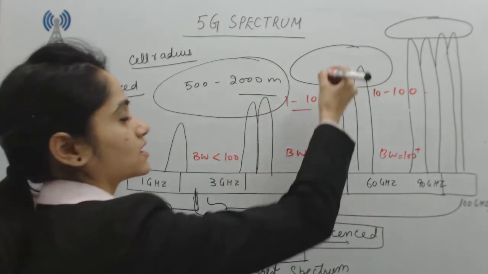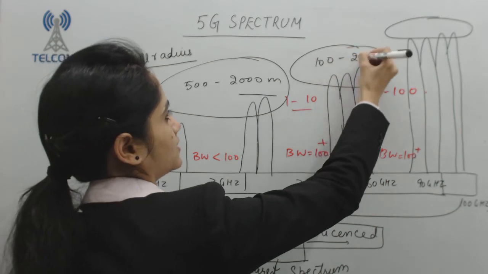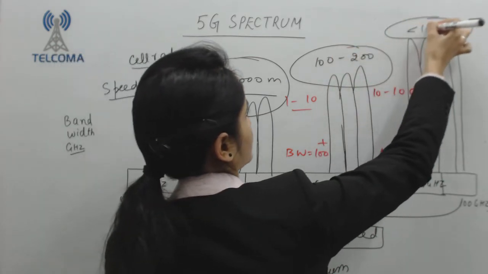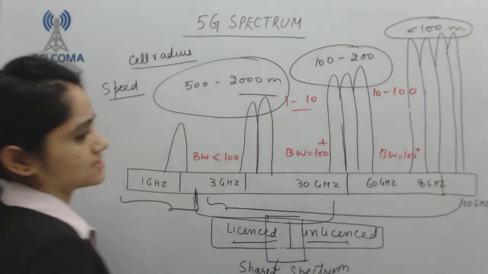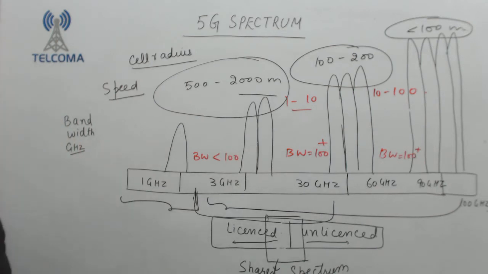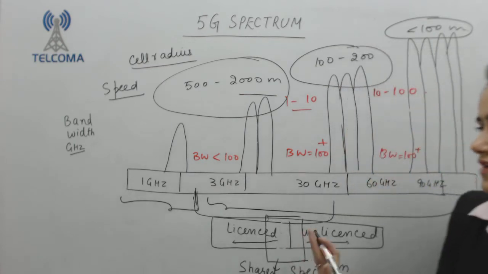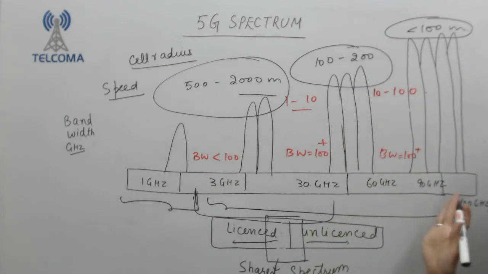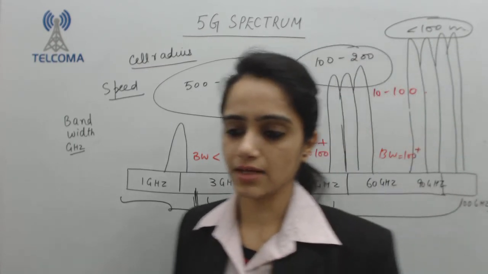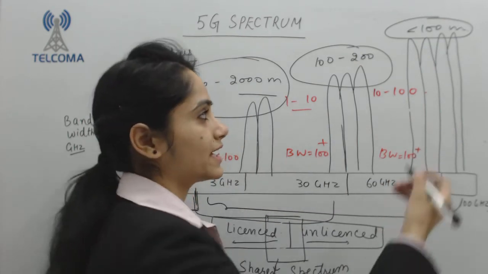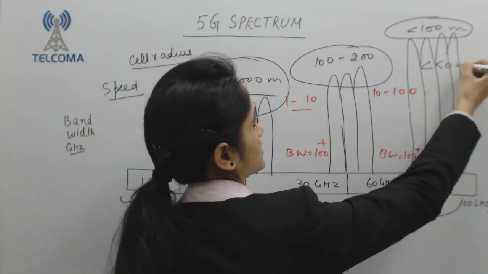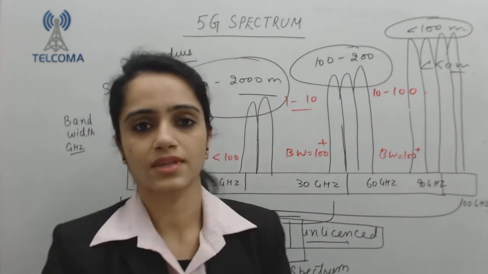So I can expect up to 100 to 200, whereas in this I will have less than 100 meters as a radius. Because frequency and distance have an inverse relationship, as we move towards high frequency, my cell radius will keep on decreasing. And we can have even less than 50 meters in this also.